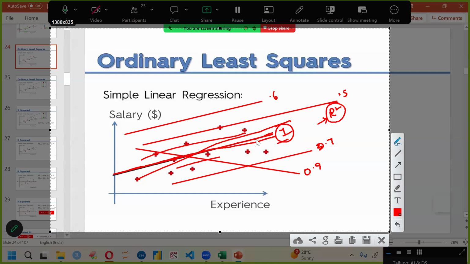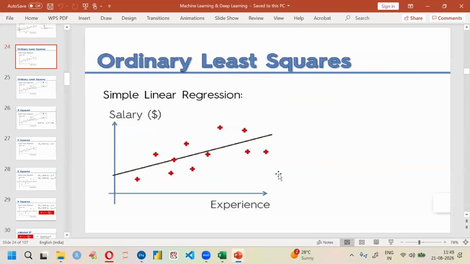Finally it picks the line with the highest R square, and based upon that line it justifies how much salary a person with 3 years of experience should get, or a person with 2.5 years, and so on. So this is the mathematical funda behind linear regression.